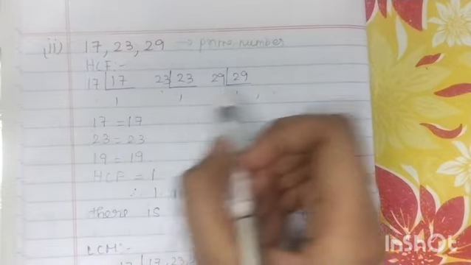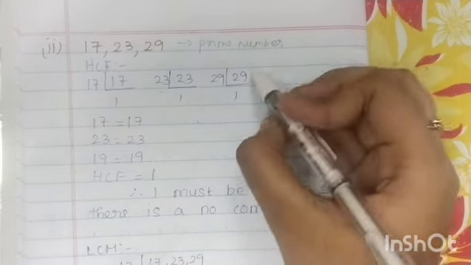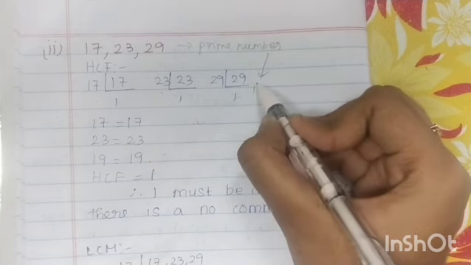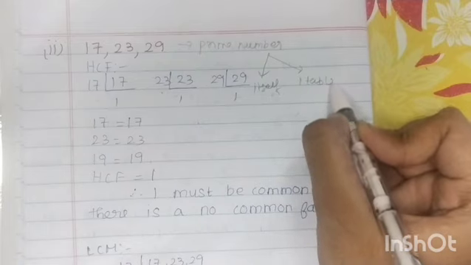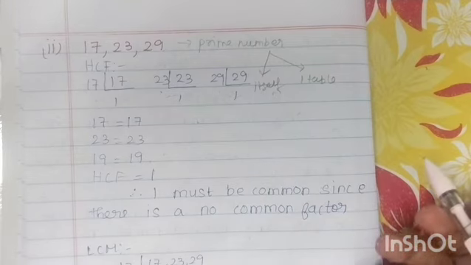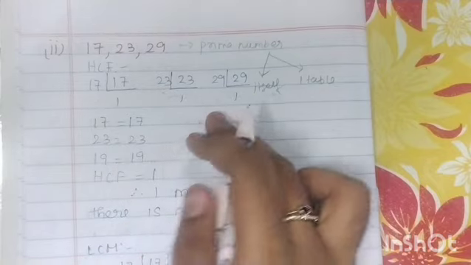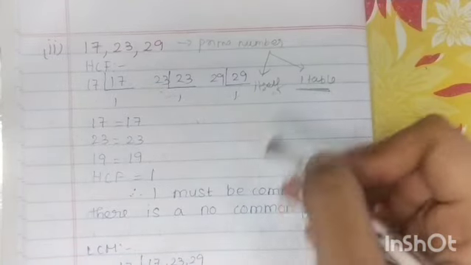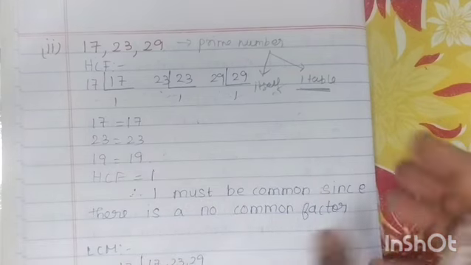In the previous sum we had 3 as a common factor, but here there is none, but we can't write it as 0, because a prime number is divisible by itself, and as well as it goes in the one table. All these numbers go in the one table, so my HCF will be 1. So it is also a common factor, right? Since there is no other common factor between these 3 numbers, 1 must be the HCF for the given numbers.